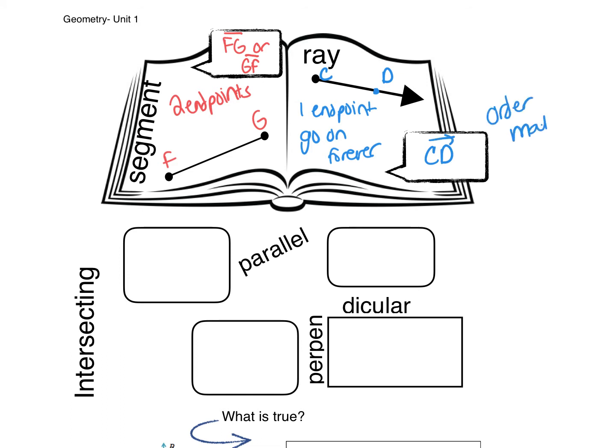When you are naming a ray, you have to start with the endpoint, because if you don't, it will not be marked as correct. So you cannot name this ray DC. It is ray CD, because C is the endpoint.